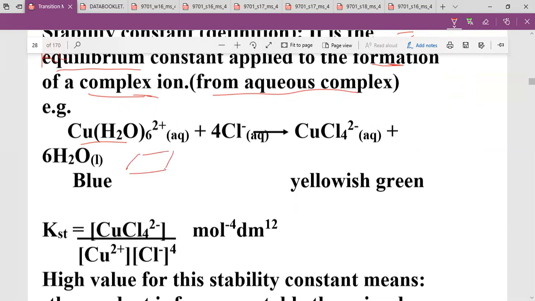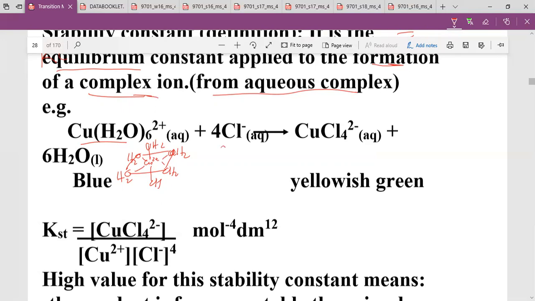Remember, Cu2+ here, and water here, water here, water here. There's 6 of them. Some books put 4. Follow Cambridge. Now 6 of them here. So this is the blue color. This is the aqueous solution, like copper sulfate, blue color.